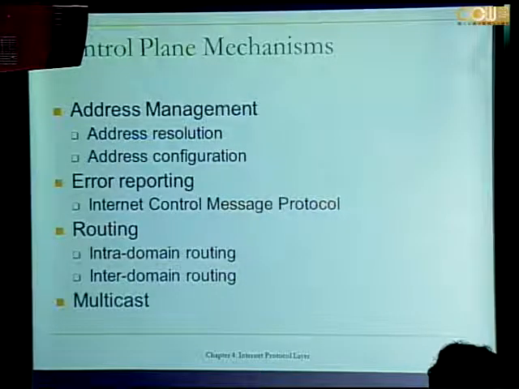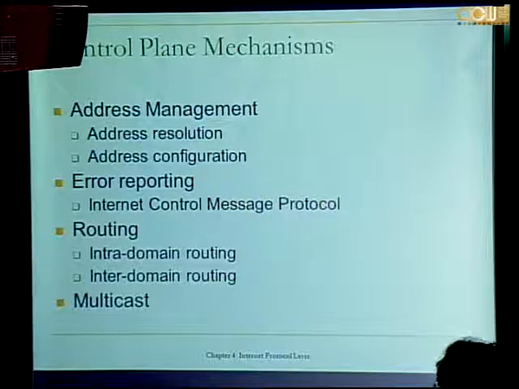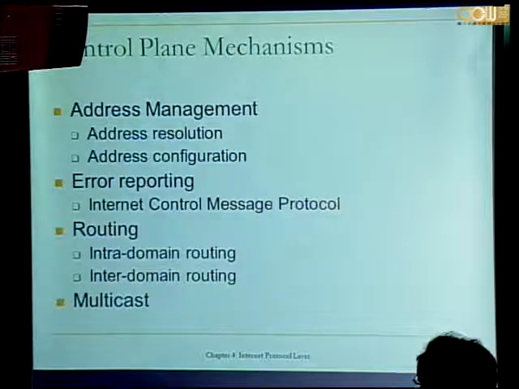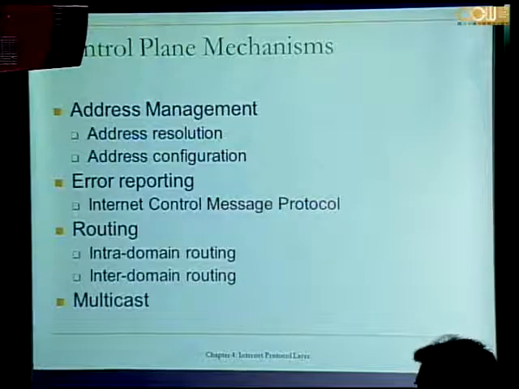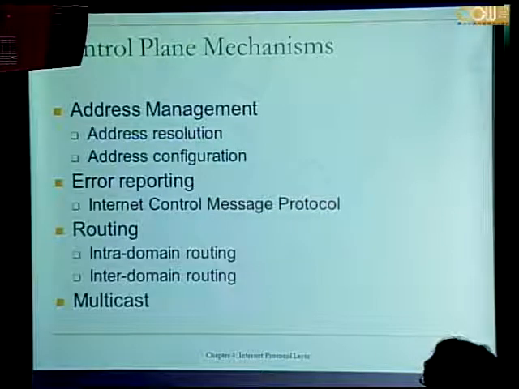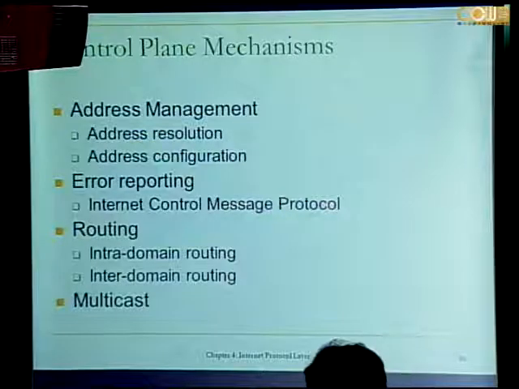The address resolution is done by ARP, the address resolution protocol, while the address configuration is done by DHCP. The second topic is error reporting, which is done by ICMP. And the next 2 are unicast routing and multicast routing.